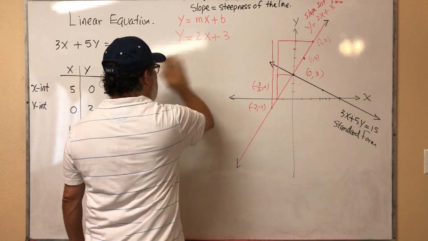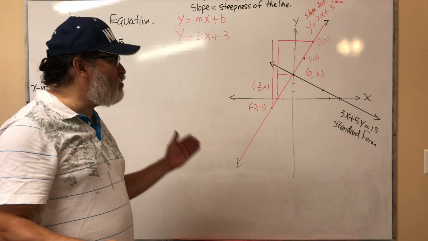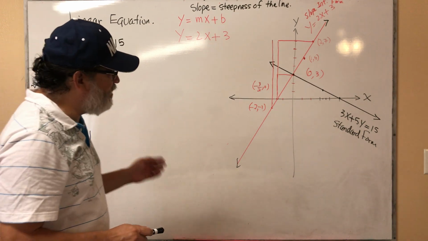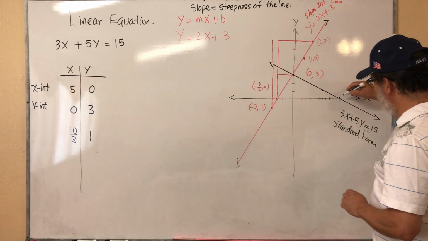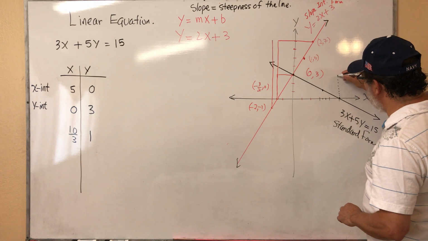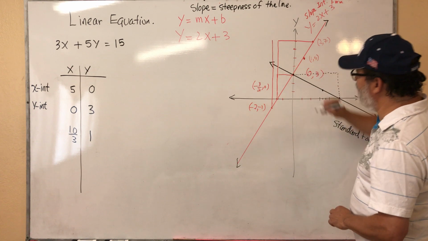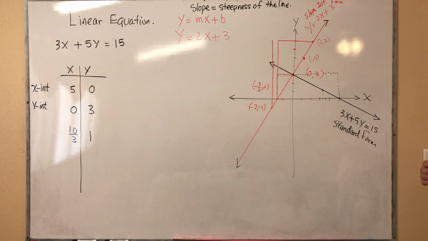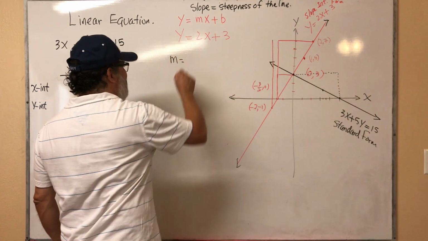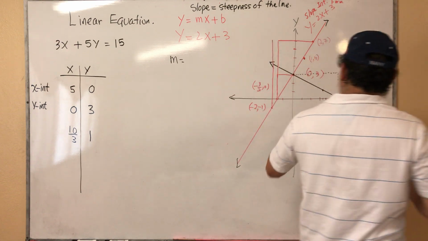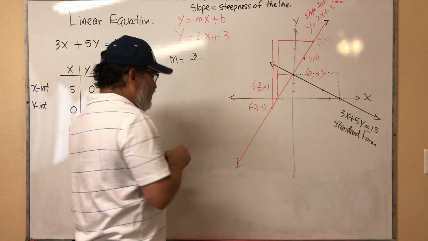How do you want to find the slope of the dark line? Okay, here's one way. Rise over run. What's the rise? 3. What's the run?